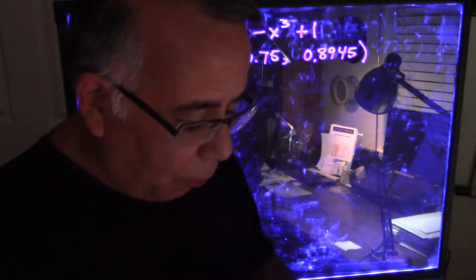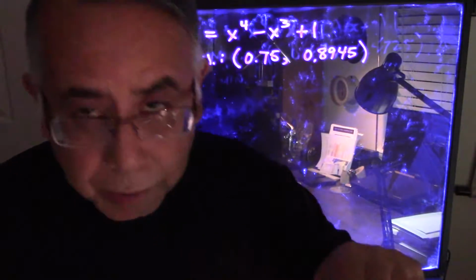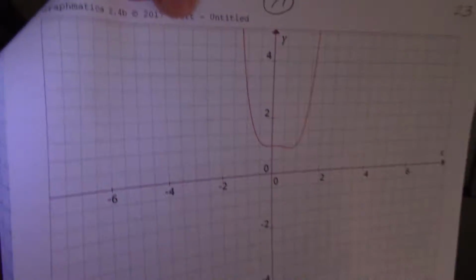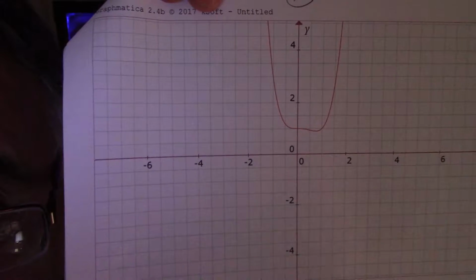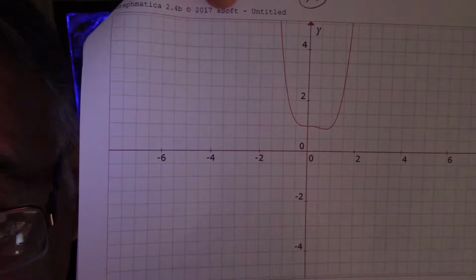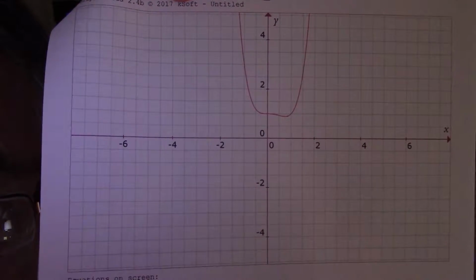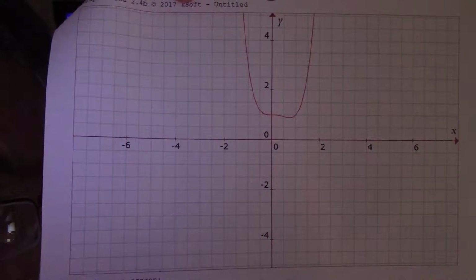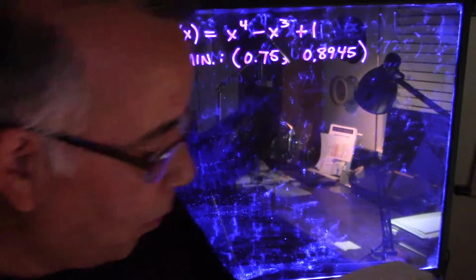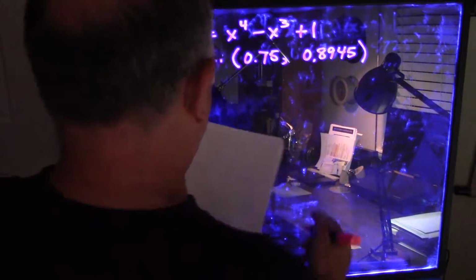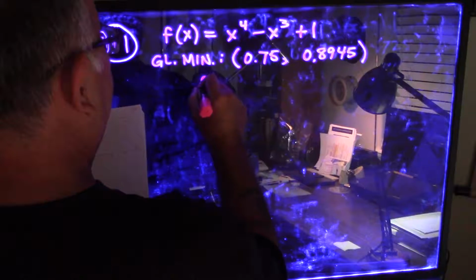If you graph this, you'll note that the minimum is above the x-axis, so it's not negative. So the book's answer is definitely incorrect. And if you need more proof of that, just take f of 0.75.